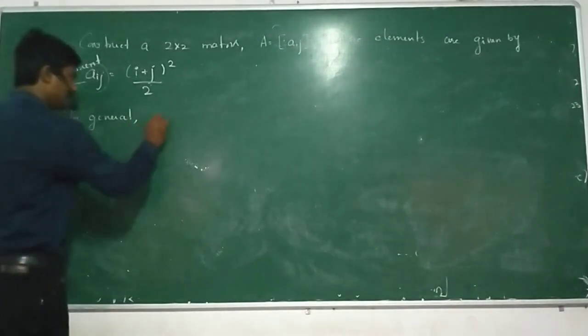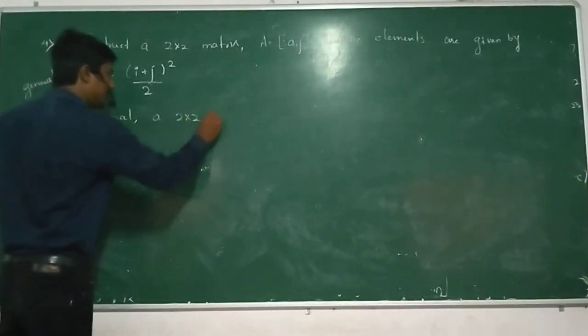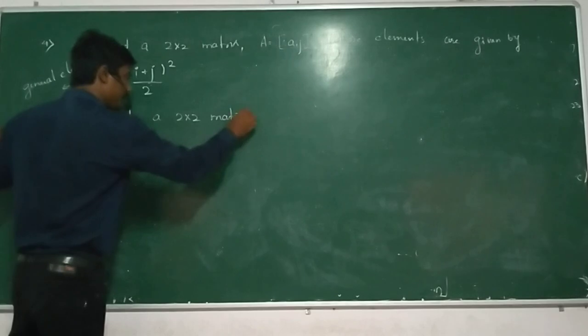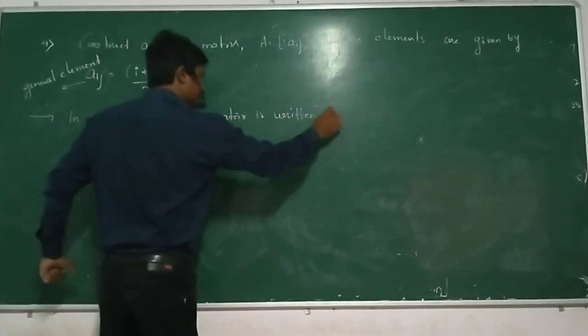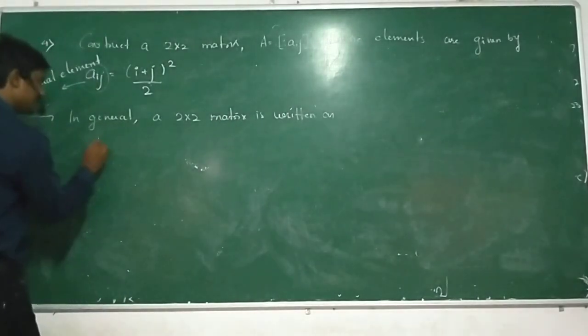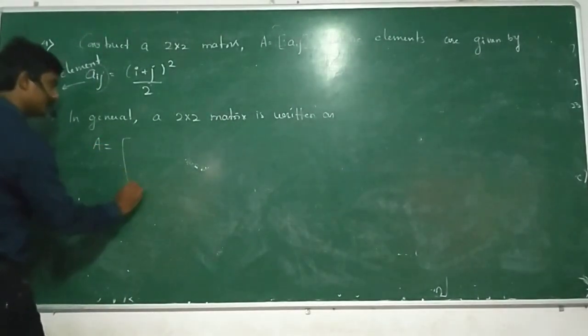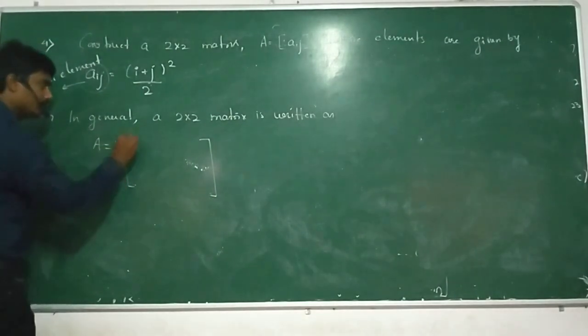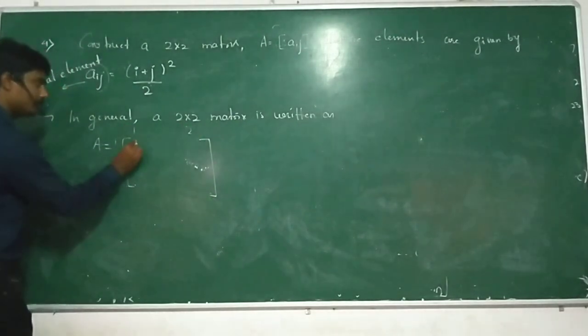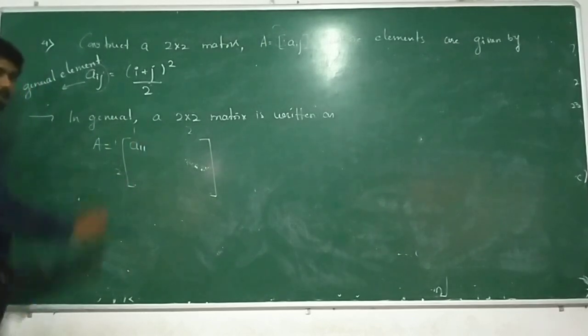In general, how do we write a 2 by 2 matrix? A 2 by 2 matrix means 2 rows, 2 columns. So what will be the position of this element? 1 1, A11.